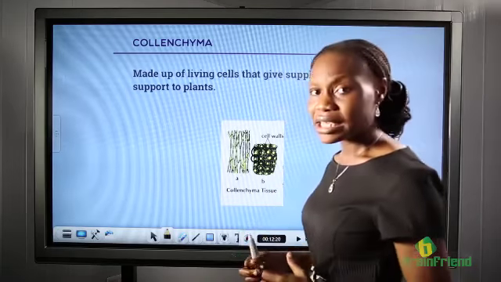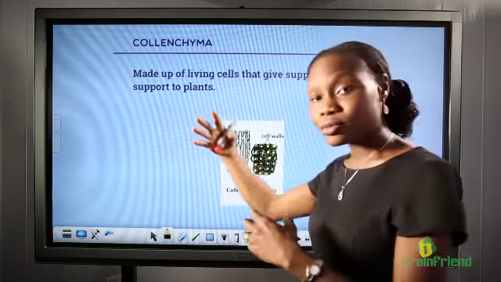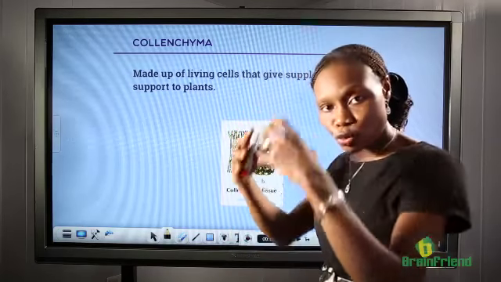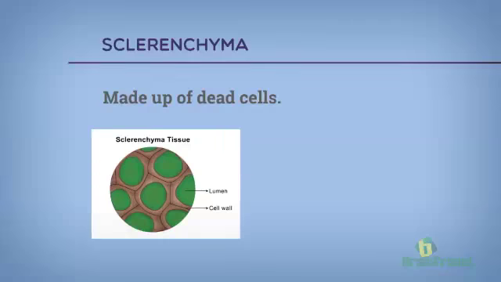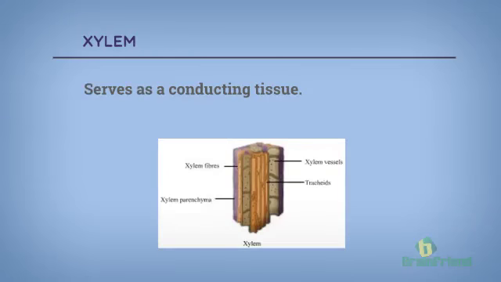Supplementary, I mean, it just helps out other supporting systems to give support to the plant. The sclerenchyma, on the other hand, is made up of dead cells, while the xylem, the main function is that it serves as a conducting tissue, but it also helps to give support to the plant.